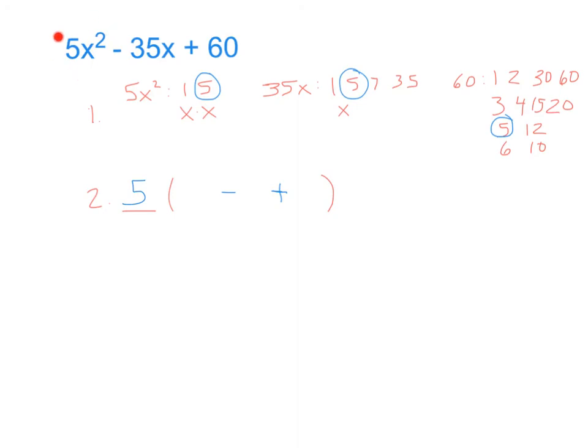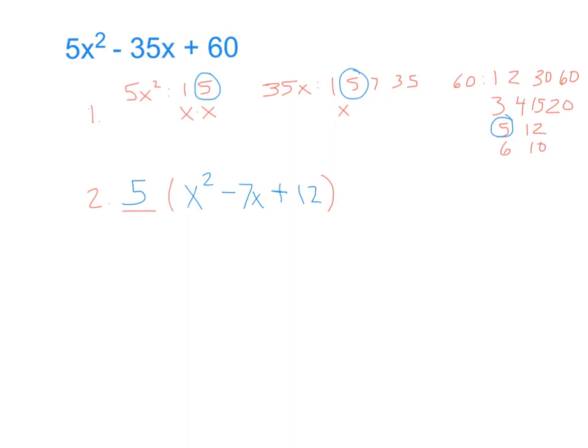So if I have 5x squared and I factor out a 5, I'm left with 1x squared, or just x squared. And then if I have this minus 35x, I factor out a 5, I'm left with 7 and the x. And then lastly, I have 60, and I'm factoring out a 5. So we divide 60 by 5, and we get 12.